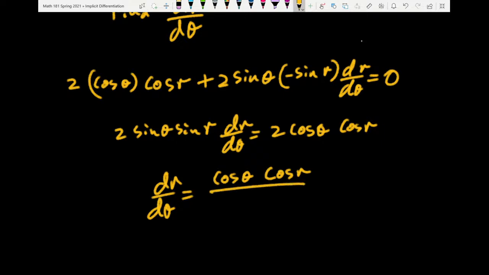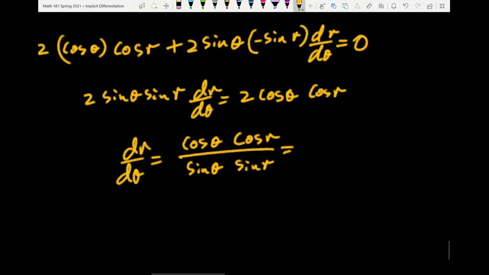I'm doing some basic algebra, for example, the negative goes away by moving it to the other side, and I don't even have to show the division by 2 over 2. Well, this is also another trig identity, which gives us cotangent of theta and cotangent of r.